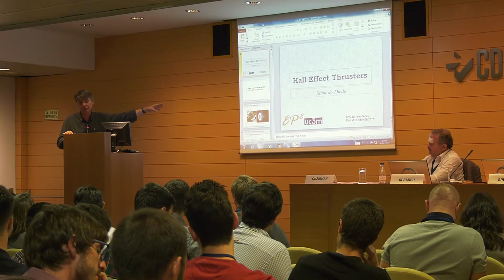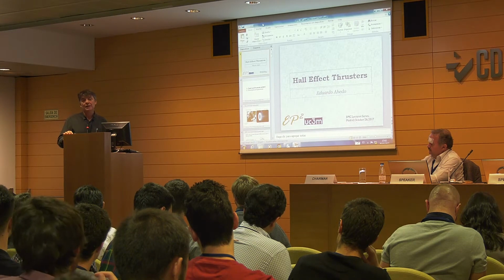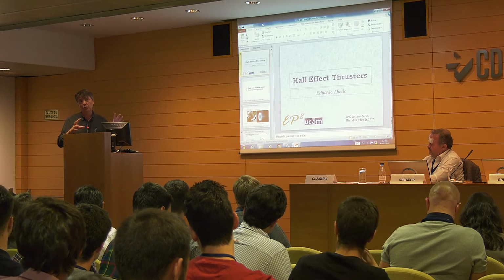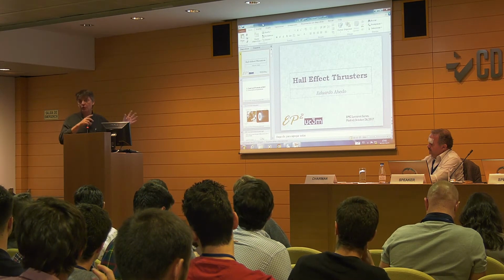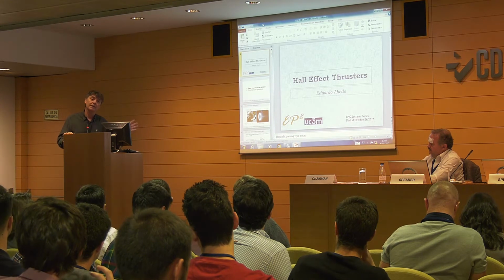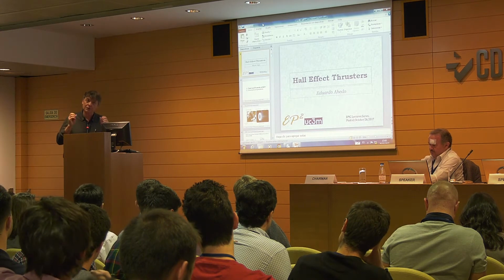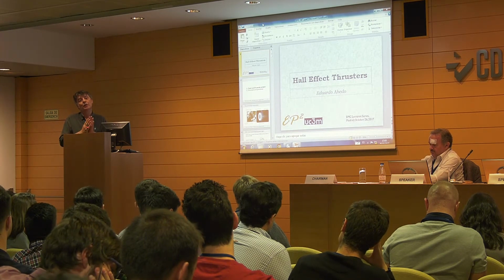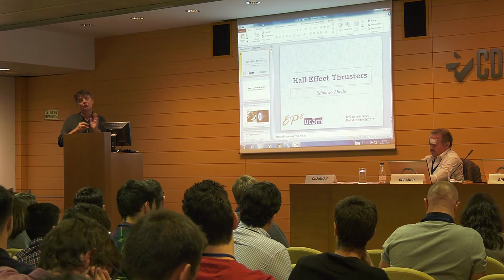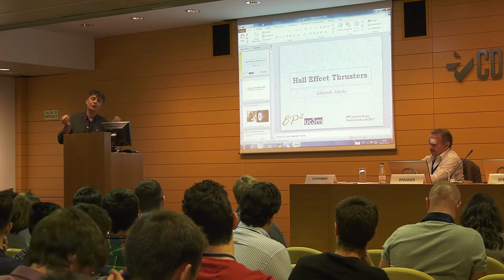It's the type that the small MIT thruster implements. This was of this type with metallic walls. It has the advantage that the problem of erosion, of sputtering of the wall, is much less severe in this type of thruster. So you have lower power losses, which is good, but at the same time your ionization is not so efficient. So what you gain from one side, you lose from the other.